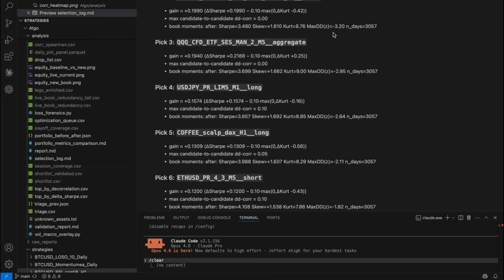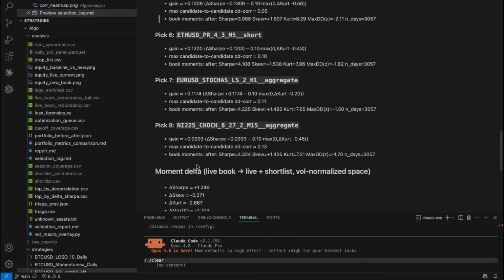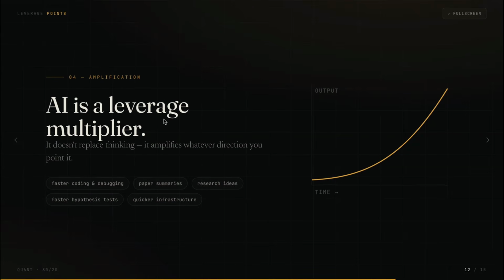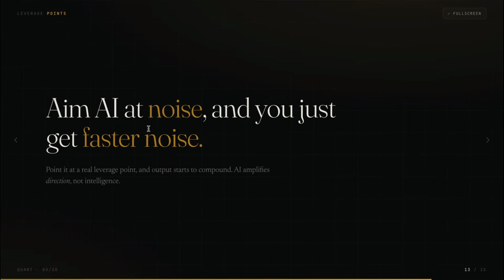I don't have to put in any more effort to achieve this increment in my Sharpe ratio. Same thing for QQQ, same thing for all of those, okay? And then it's telling me which one I should work on even more. So that's the main thing. It's also important to understand that AI is a leverage multiplier because, aim AI at noise and you just get faster noise. So it means leverage works on both sides.